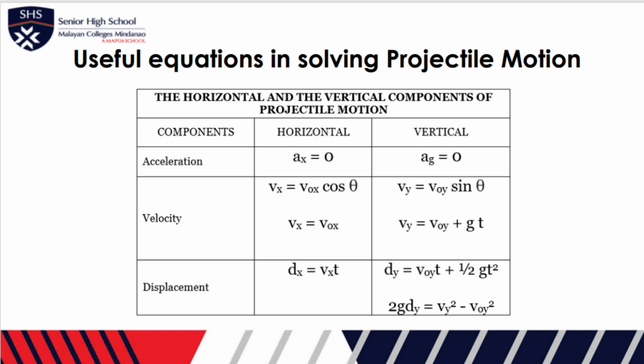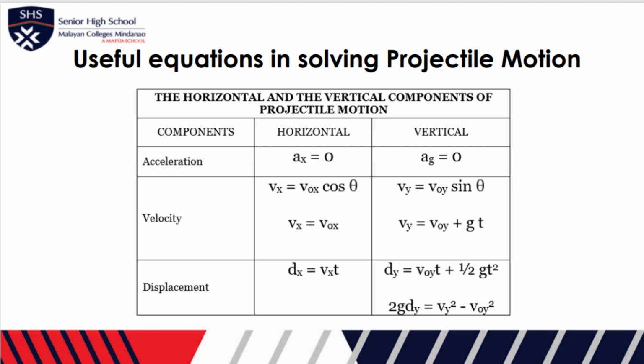Now, these equations might help you in solving projectile motion. We have here the components, which are the acceleration, the velocity, and the displacement for horizontal and vertical. The horizontal acceleration is equal to 0, while the vertical acceleration is equal to gravity. For the velocity, you may use the projectile motion equation, which is v sub x equals initial velocity times cosine theta.